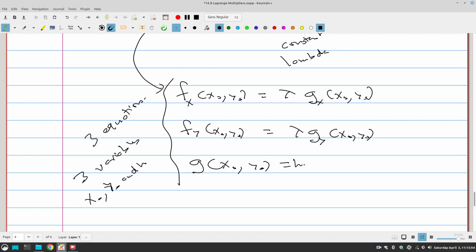So I could find where f is maximum or minimum using these three equations, and in the process find lambda. We want to find x naught and y naught and plug that into f just to find the maximum or minimum value of f.